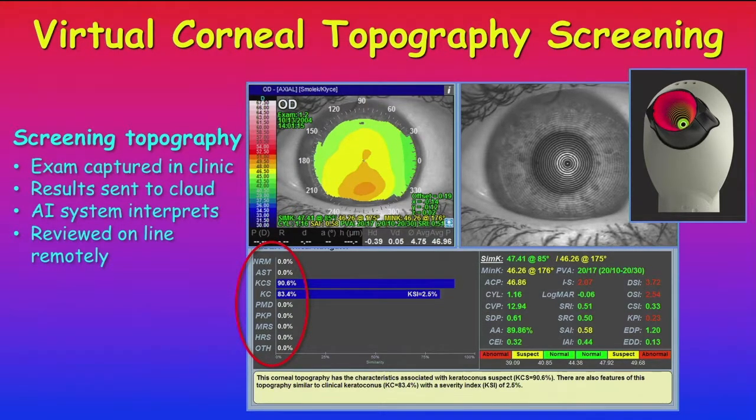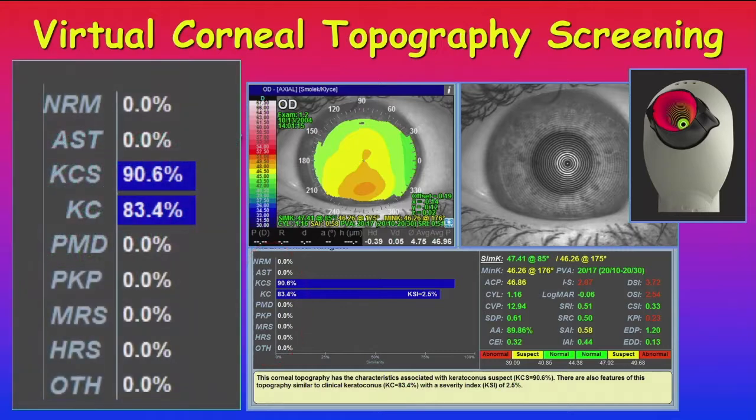Now, what I want to point out is that all of the screening systems we've talked about today compared keratoconics with normal corneas. And the problem with doing that is that in the clinic, the patients that you have aren't going to be just keratoconics. They're going to have pellucid, they're going to have penetrating keratoplasty, they're going to have prior refractive surgery.